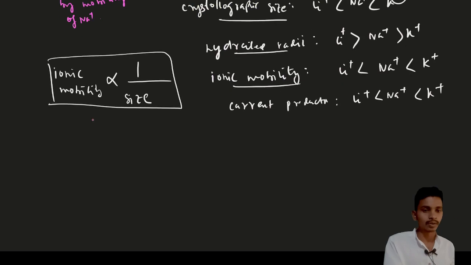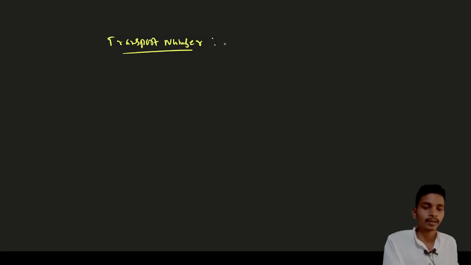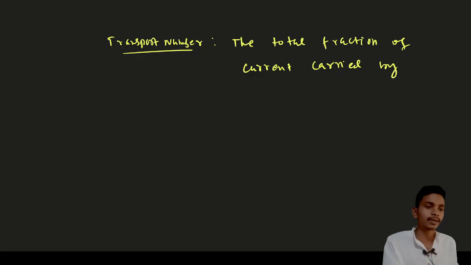So the definition of transport number is the total fraction of current carried by an individual ion.